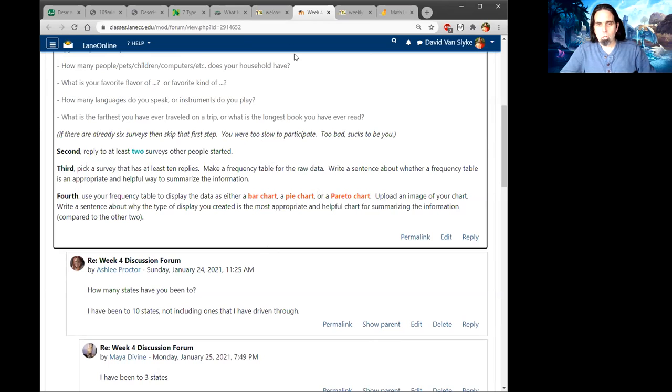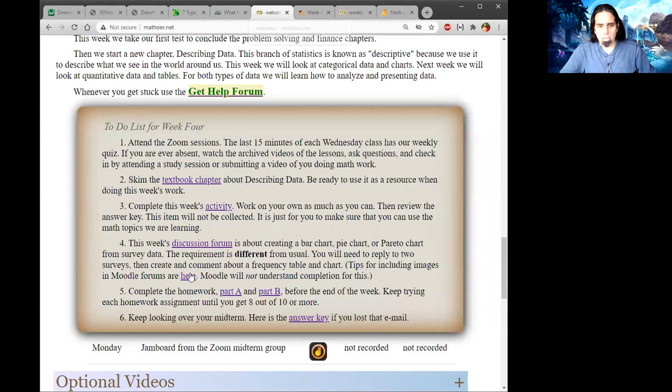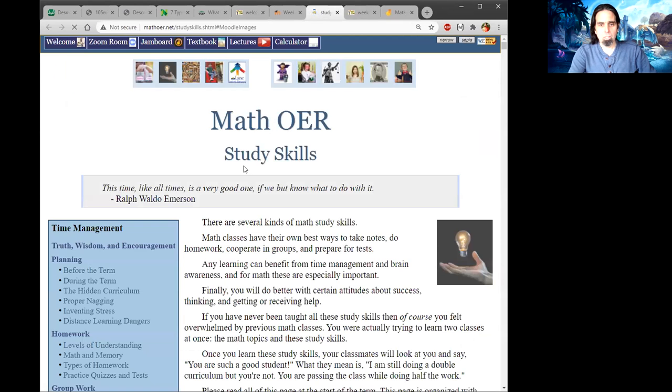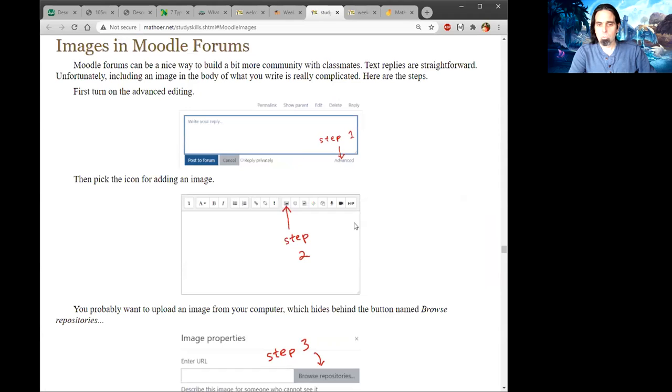And because you need to put your chart up, there's a link right here about tips on including images in the Moodle forum, which is not obvious how to do. So click on that and you will get taken to the study skills page with how to do images in the Moodle forum.